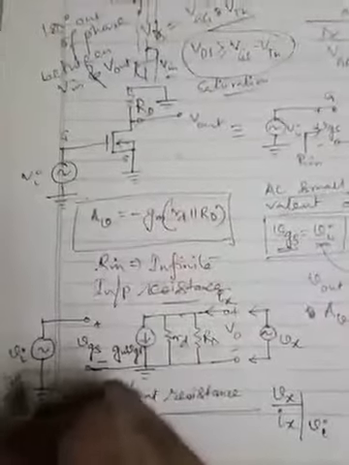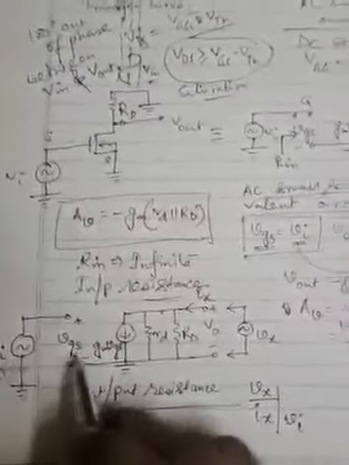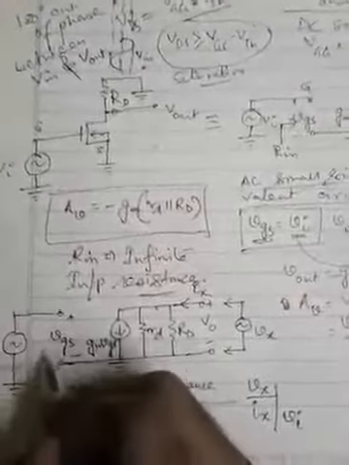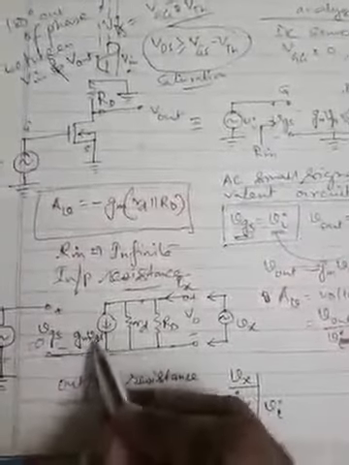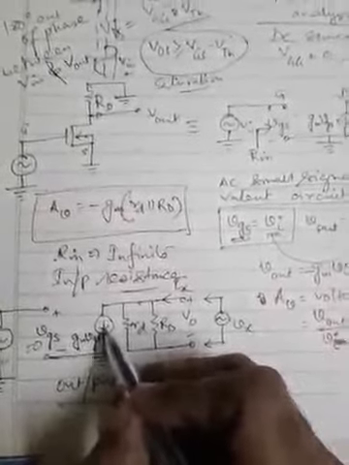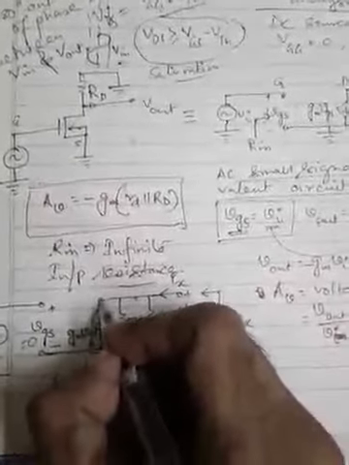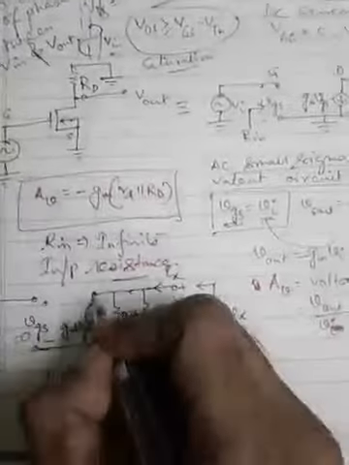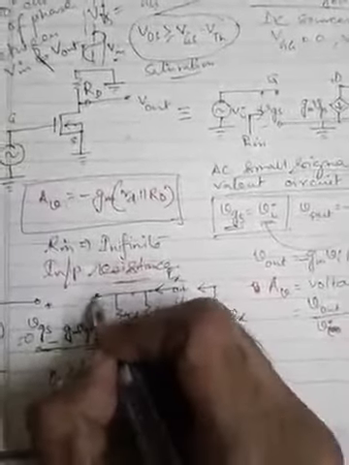So that means this Vi should be 0, and if this is 0, then Vgs should be 0. If Vgs is 0, this Gm Vgs will always be 0. That means this current source will not exist, and between these two terminals, the drain and source, this source will be no more and it will be like an open circuit.